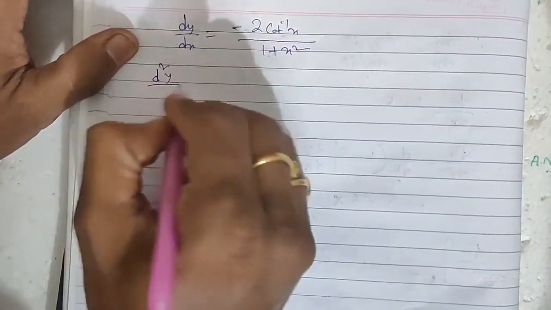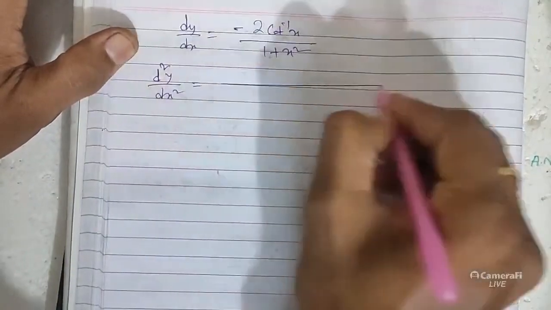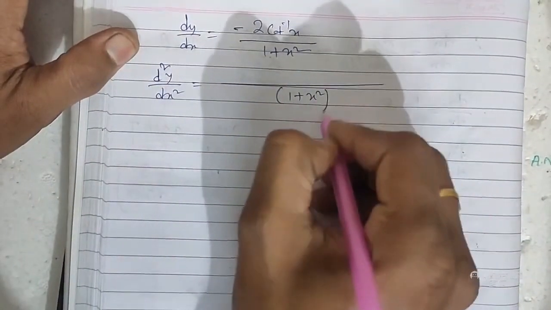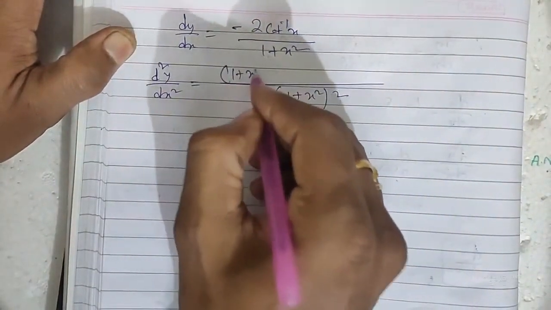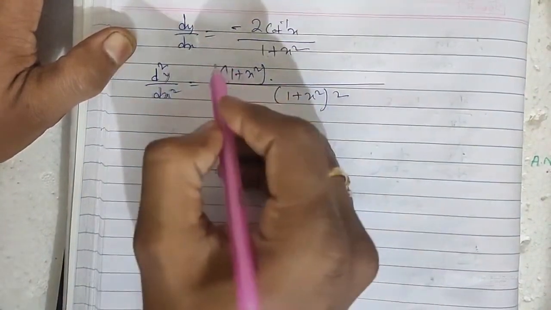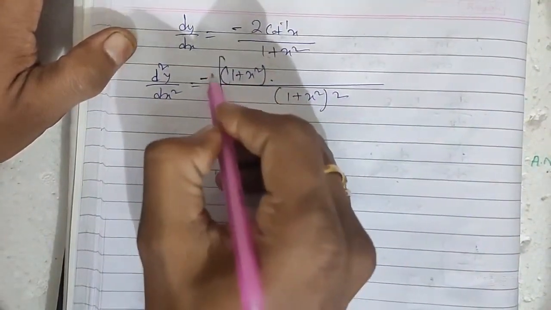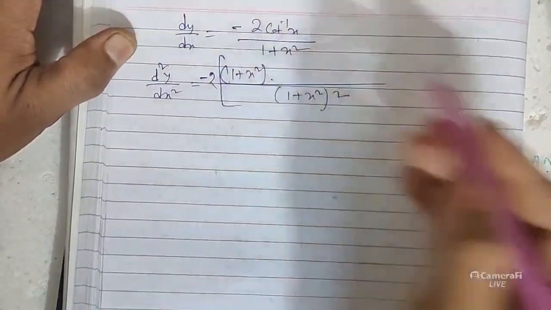So d2y by dx2 is equal to 1 plus x square whole square in the denominator, with 1 plus x square unchanged. This minus 2 I can write outside, it is a constant number.